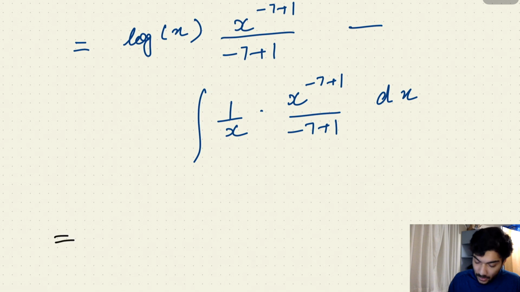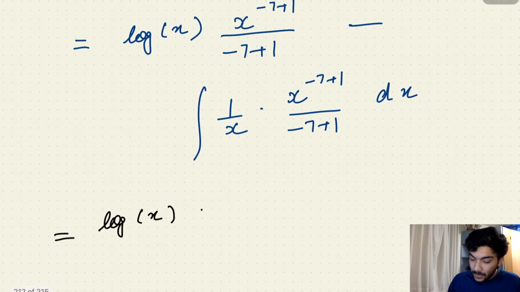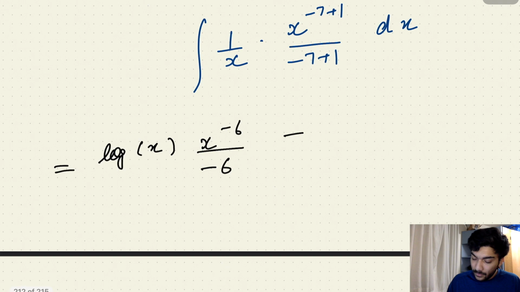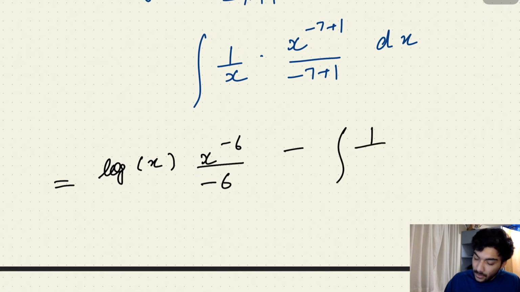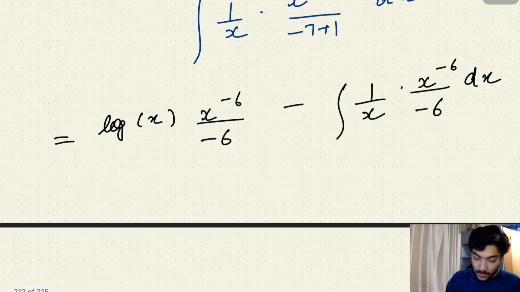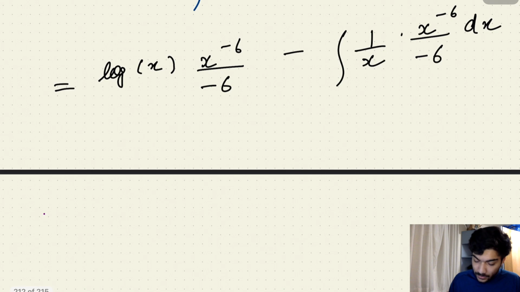If we solve this again, we'll get log of x times x to the power minus 7 plus 1, which is x to the power minus 6, and the denominator would be minus 6, minus the second expression in this case, which would be the integral of 1 by x times again x to the power minus 6 upon minus 6 dx in this case, right?